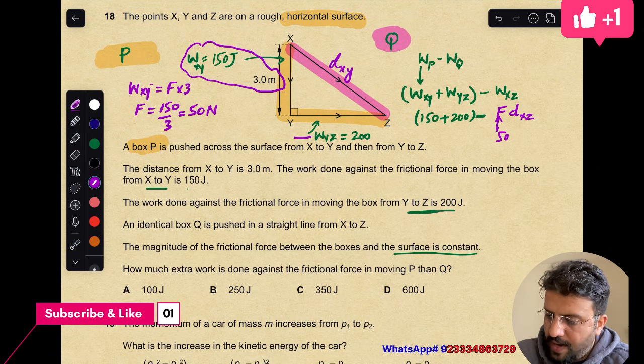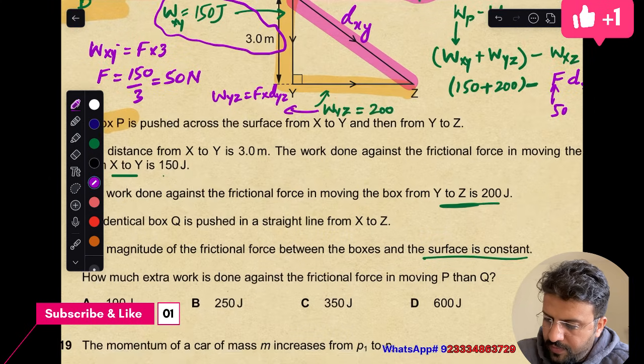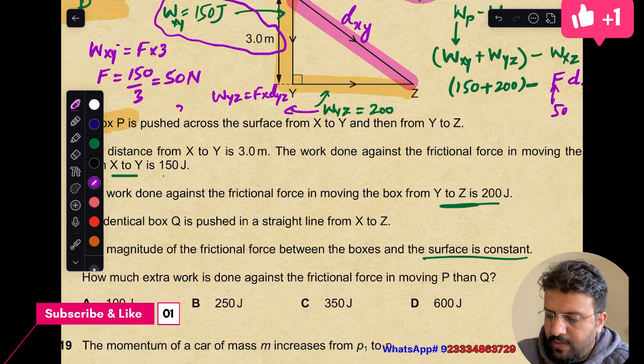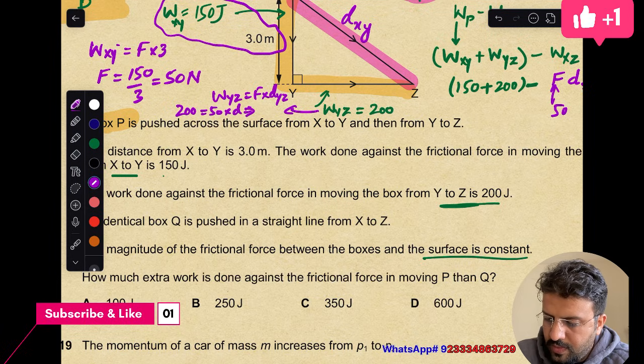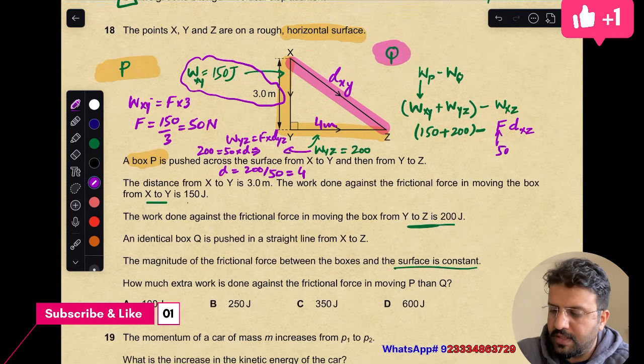To find this distance we can use this information: W yz is equal to F into distance, yz, and we know all the forces are the same, they have given us, so 200 is equal to 50 into d, then d you will get 200 divided by 50, that is equal to 4. So this is 4 meter.